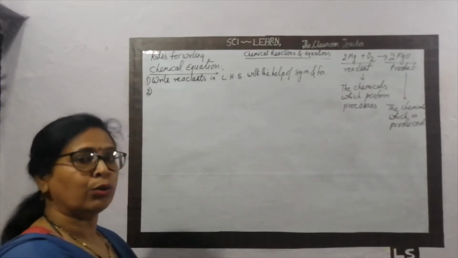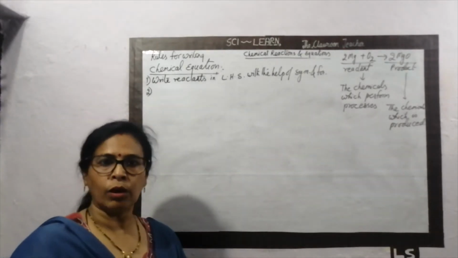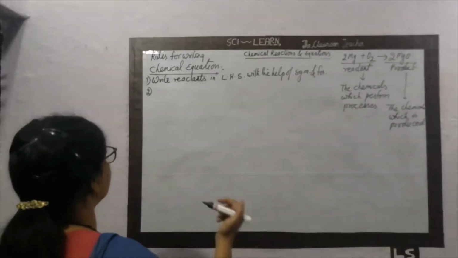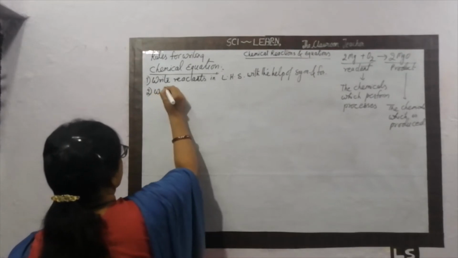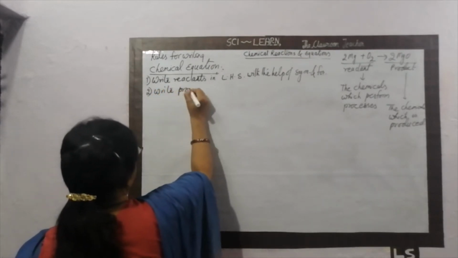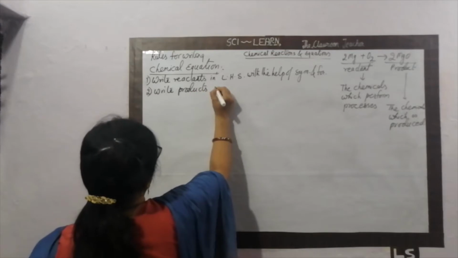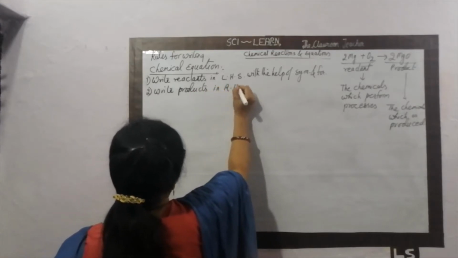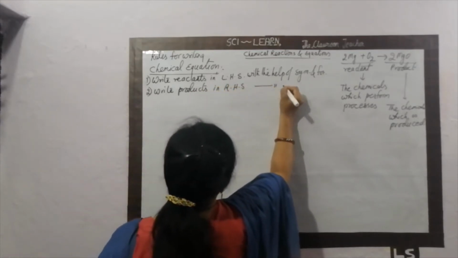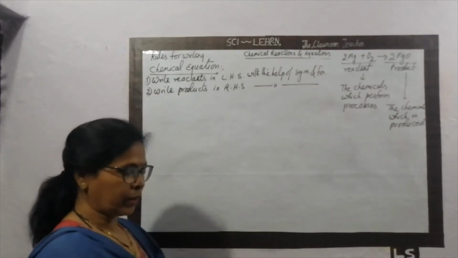Now what is the second rule? We have to write all the products on the right hand side with the help of symbols and formulae.